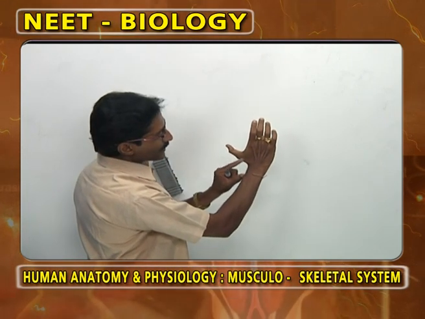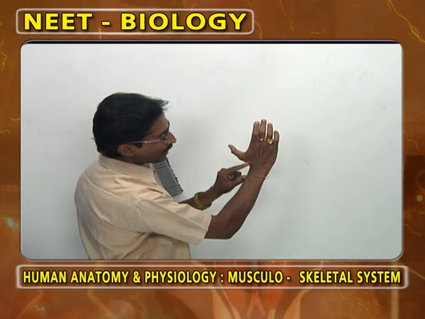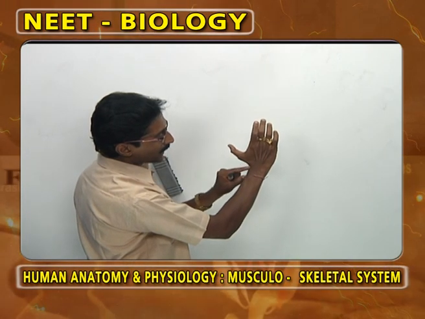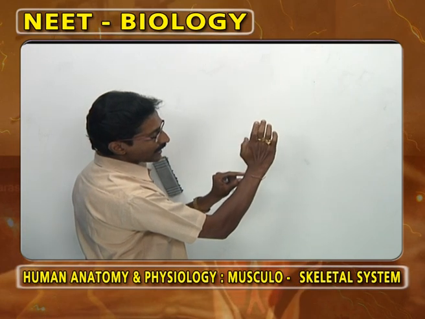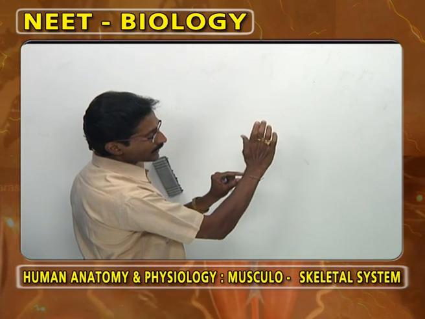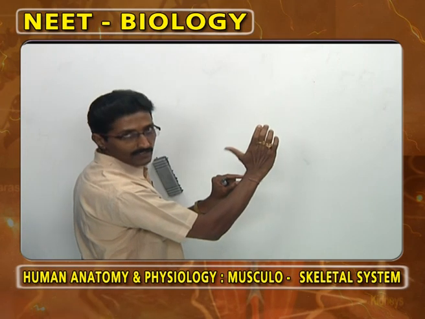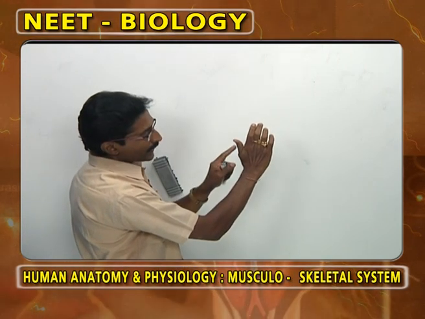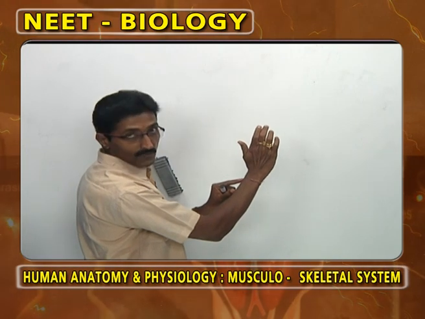Now as we observe the thumb, the joint between carpal and metacarpal of thumb we call the saddle joint. Because of this joint, the thumb enjoys free movement when compared to the other fingers. The remaining fingers do not move freely.